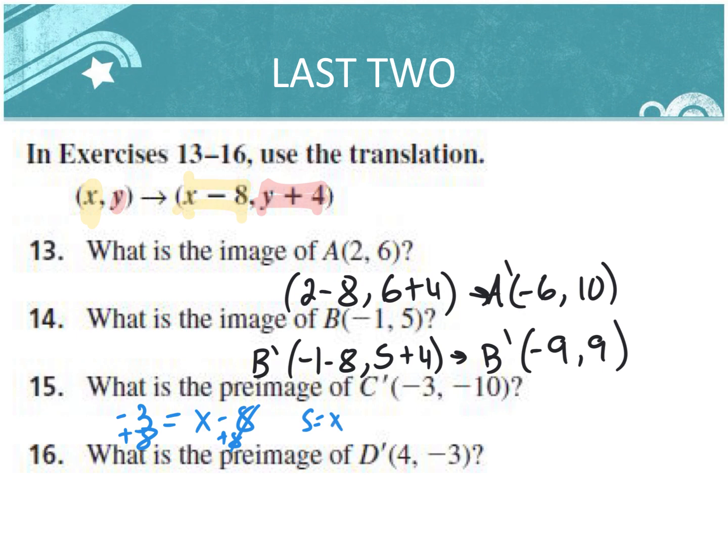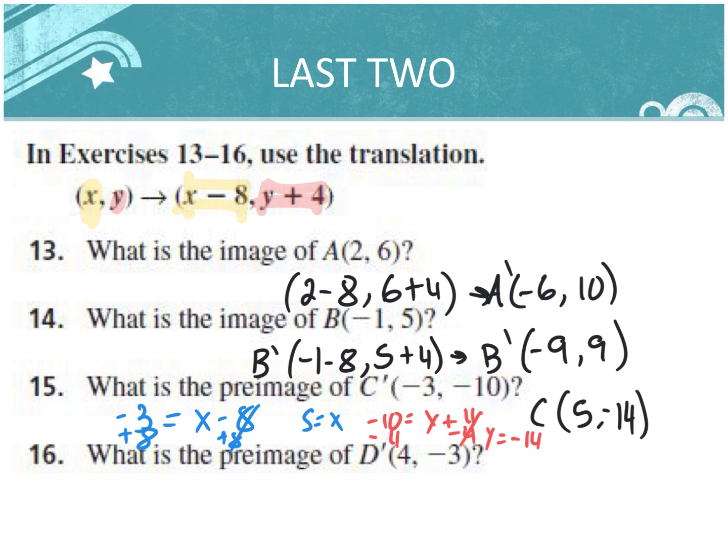So for the original C, or the pre-image C, it's going to be 5, and then for the y, we're going to do the same thing. Remember, the individual. So we're going to get -10 is equal to y plus 4. We're going to subtract the 4 on both sides, and we get that our y is -14. So for the pre-image, it's going to be 5, -14.